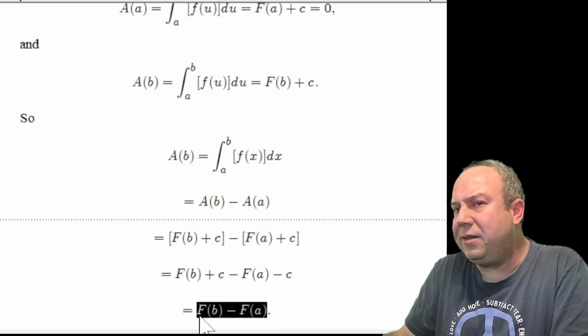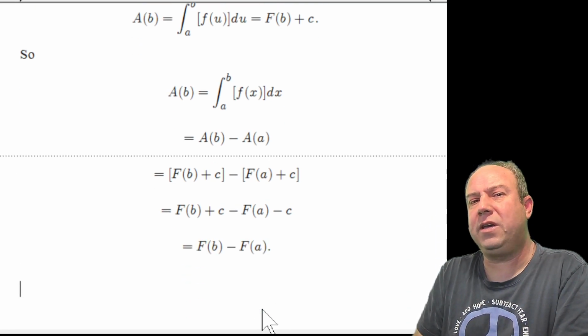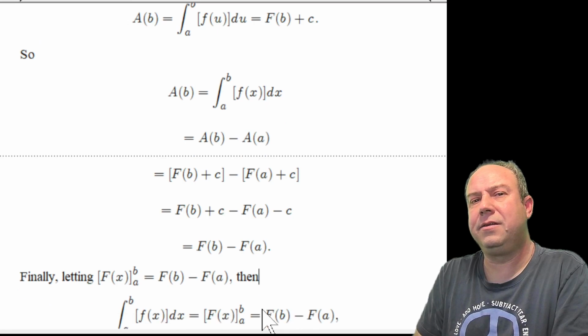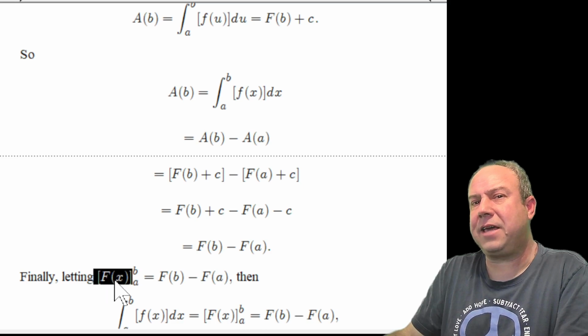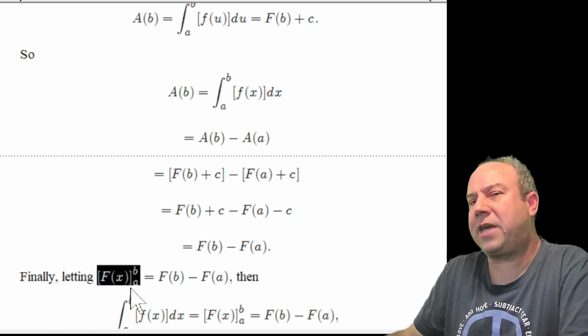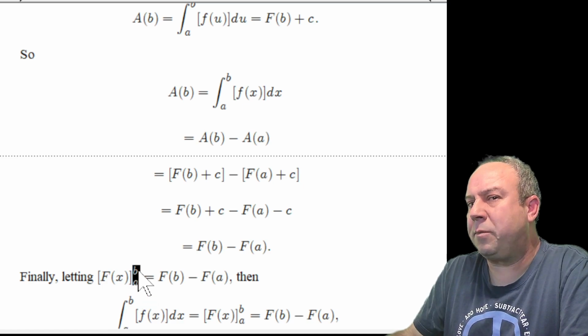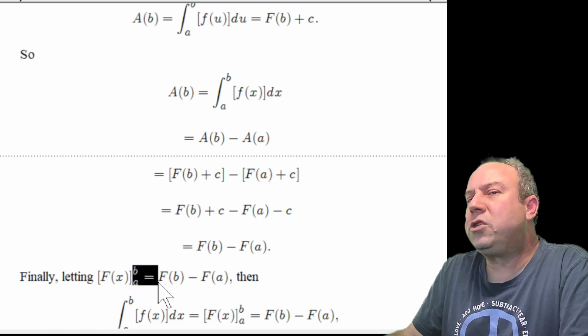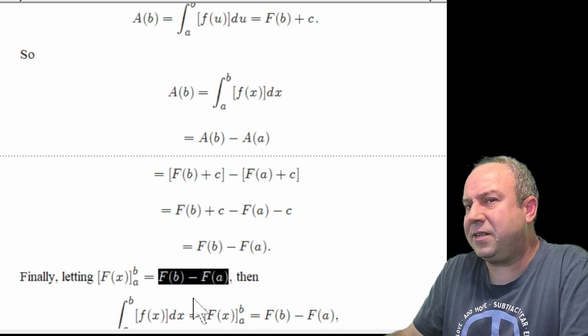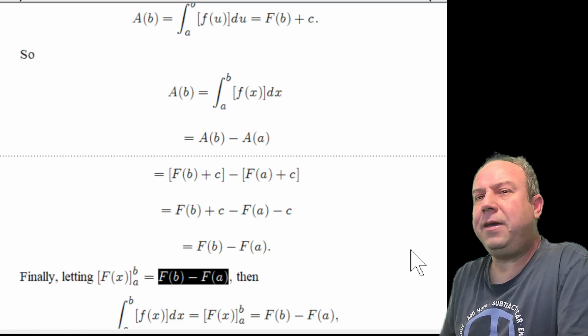There's another way to write this. Letting F of b minus F of a, we can write that as this: letting cap F at x evaluated. This is saying what we have here is cap F at x being evaluated across the bounds from a to b, which we're going to understand as being cap F at b minus cap F at a.